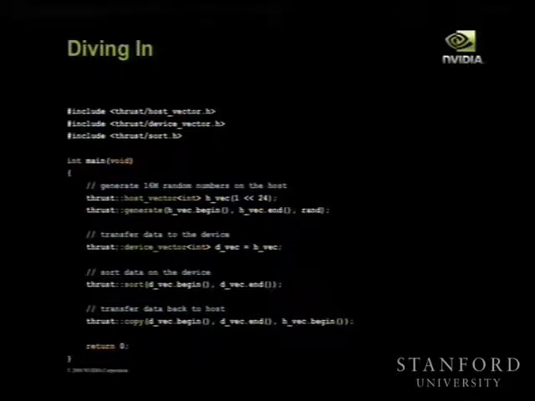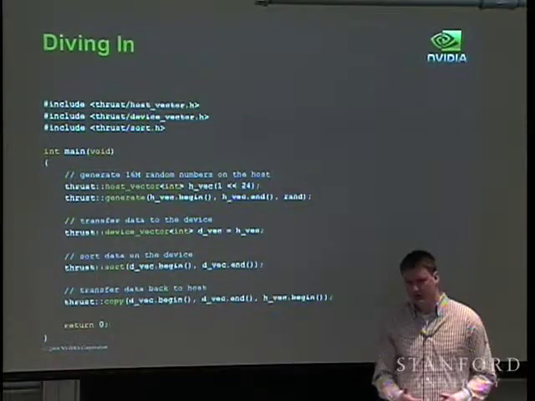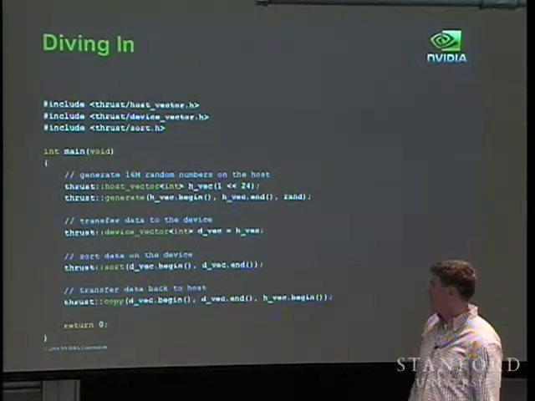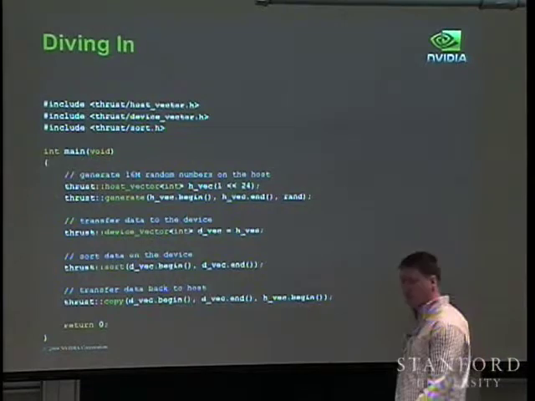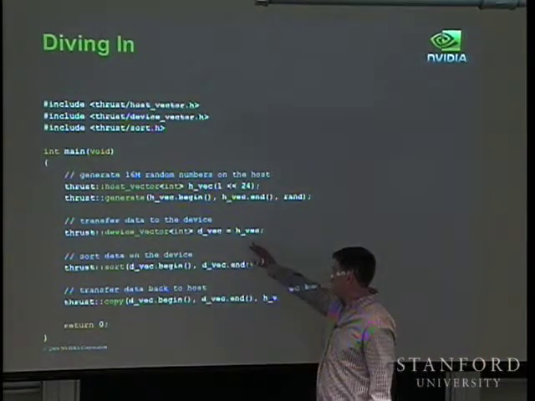So anyway, there are different algorithms and containers in Thrust. So there's a host vector container, a device vector container, and then we just tell it what type we want to store in those cases. And these are all analogs to the STL vector container. And in addition to that, we have algorithms like the generate algorithm. It just invokes a function, in this case rand, and stores the result in each element of the array. We can do host-to-device copies using just an equals operator.